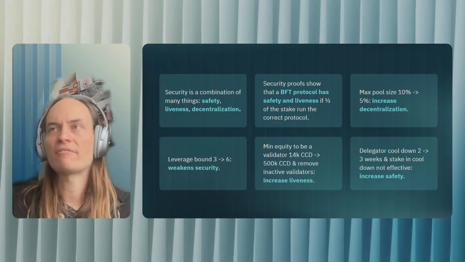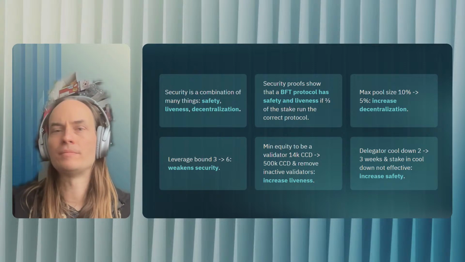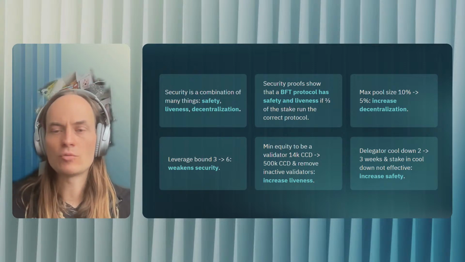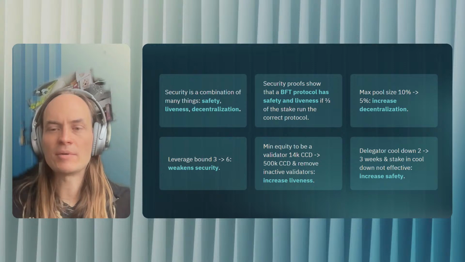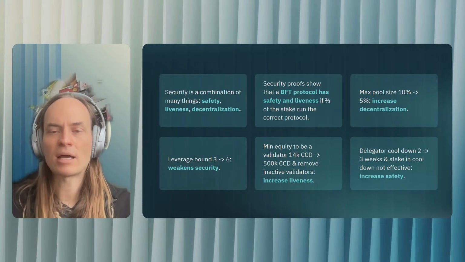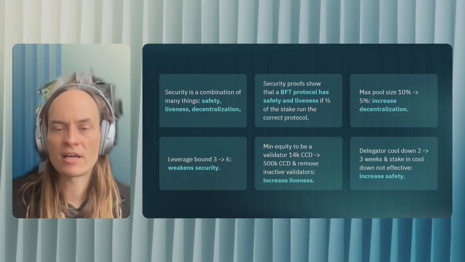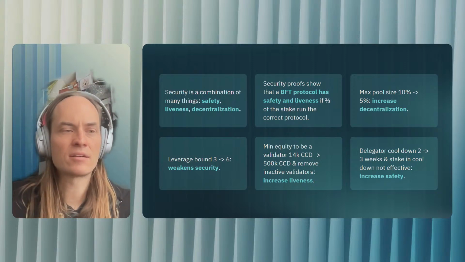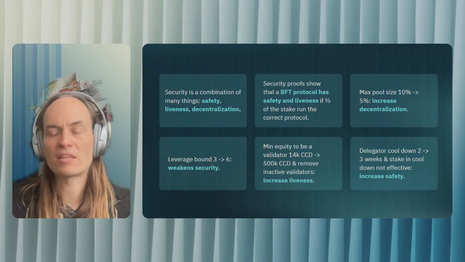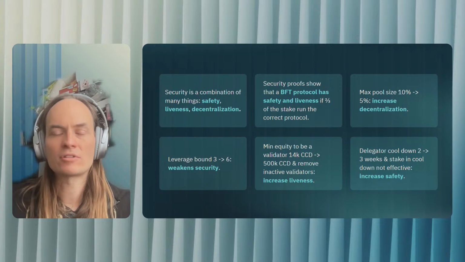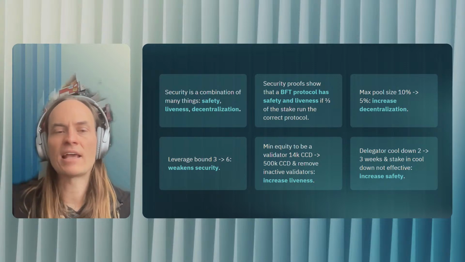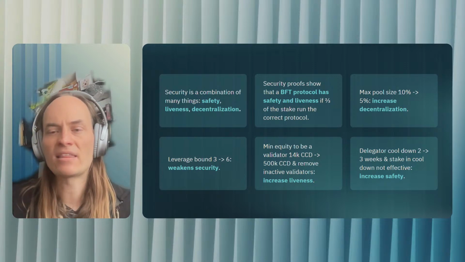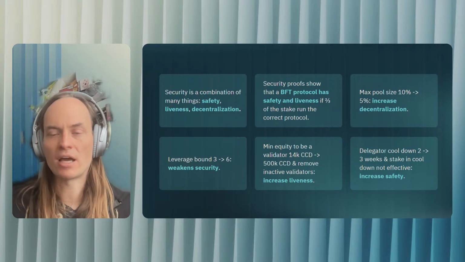Other measures we have done, in the bottom square in the middle, 2 more measures. The minimum stake to be a validator has gone up from 14,000 CCD to 500,000 CCD. One of the main motivations for that is just simply looking at the validators out there. We realized that, I looked at this some months ago, we took the tail end of the validators, took the last 20, I think 17 of them were not running.